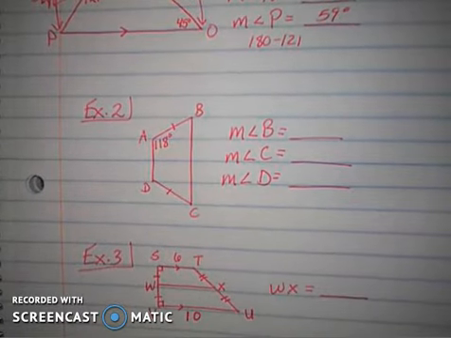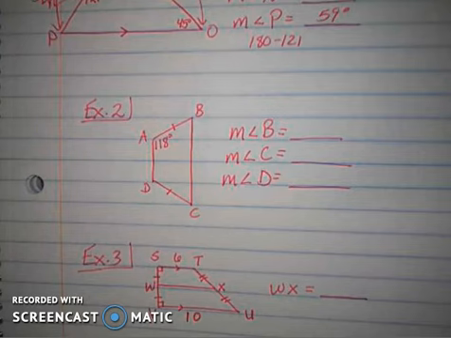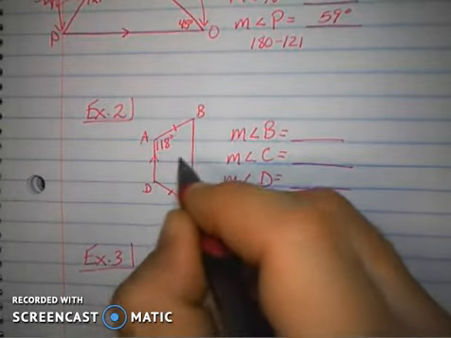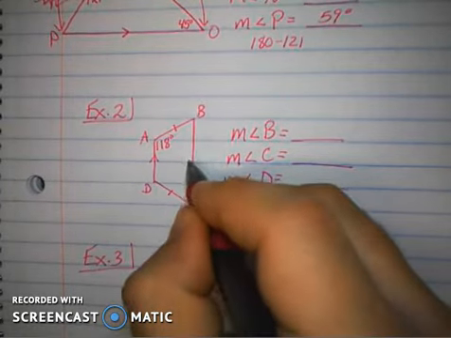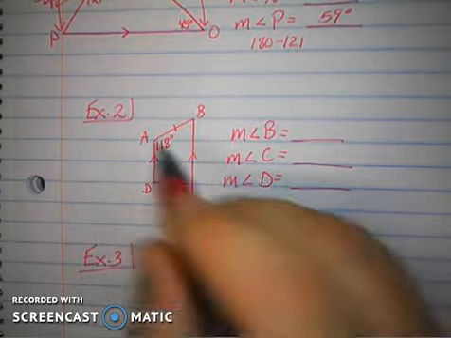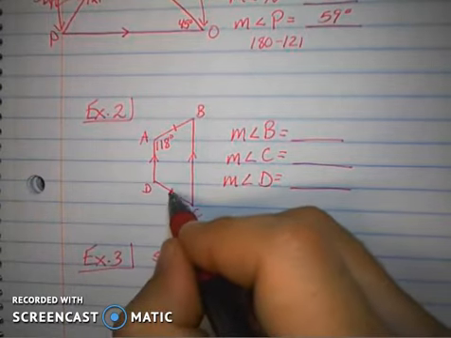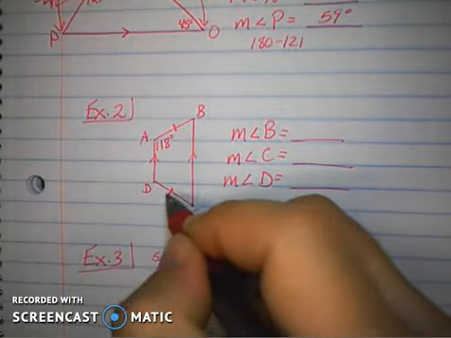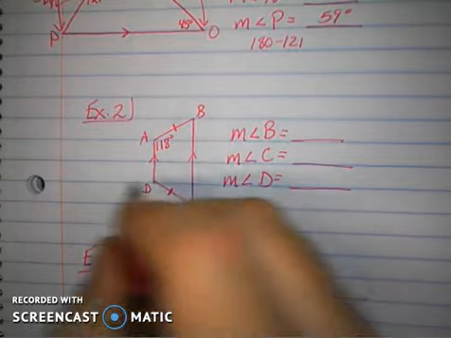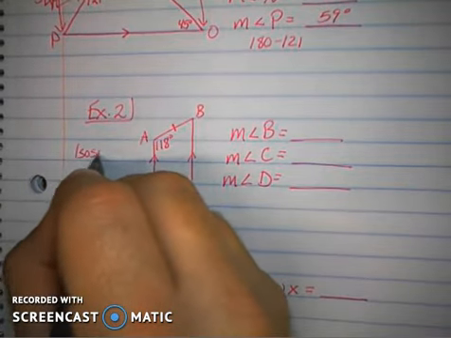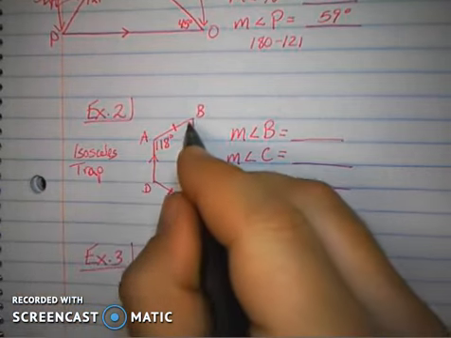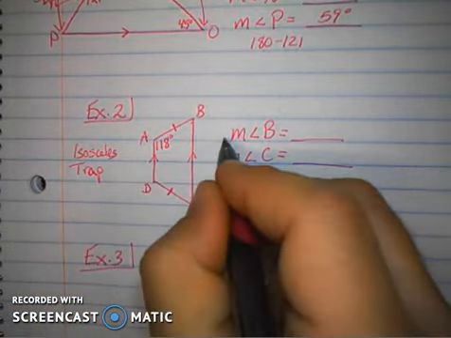All right, take some time to copy down example 2. We have trapezoid ABCD where the bases are AD and BC. Those are the parallel sides, so those are the bases. But these legs that are not bases, AB and DC, are marked as congruent. That means this is an isosceles trapezoid. Which means these base angles, B and C, are congruent.